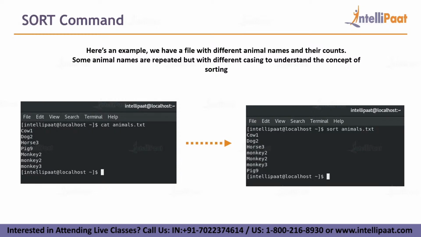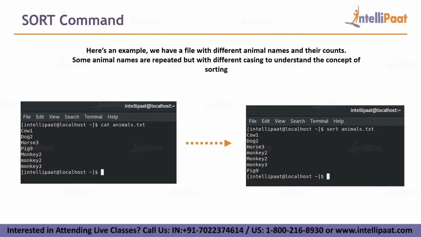You can see first it's cow 1, then dog 2, horse 3, they are the same. The lowercase letters are first and then the uppercase letters. First C, D, H, where C is the first letter because A, B, C, and then D and then H, and then M. In monkeys you can see that monkey 2 is coming first, then capital Monkey 2 is coming second, and finally monkey 3.